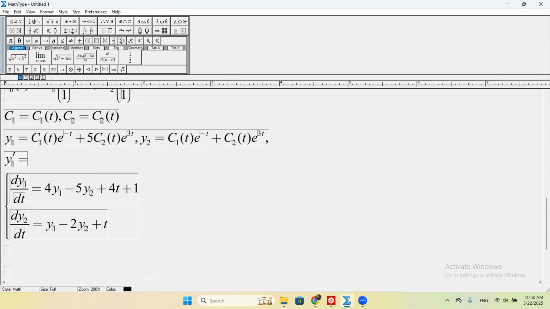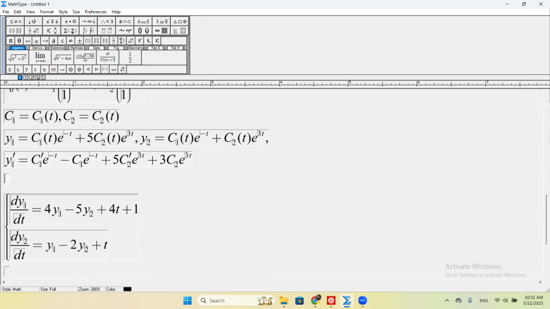So y1 prime equals C1 prime e in power of minus t minus C1 e in power of minus t plus 5C2 prime e in power of 3t plus 15C2 e in power of 3t.